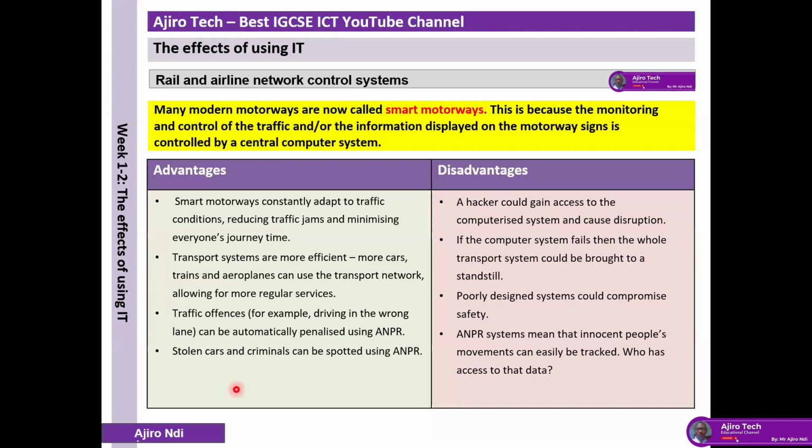Traffic offenses, such as driving in the wrong lane, can automatically be penalized using ANPR. Someone asked a question: Mr. Joe, what's an ANPR? ANPR simply means automated number plate recognition.